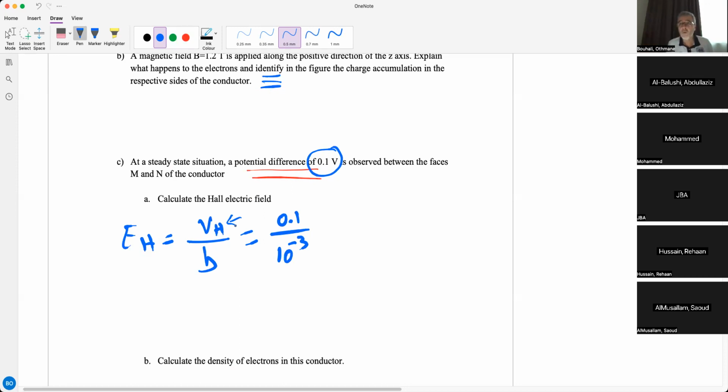No, the potential difference given here is the Hall potential difference. Because we want to calculate the Hall electric field, we need to use the Hall voltage. Obviously this gives you 10 to the 3, which is 100 volt per meter.